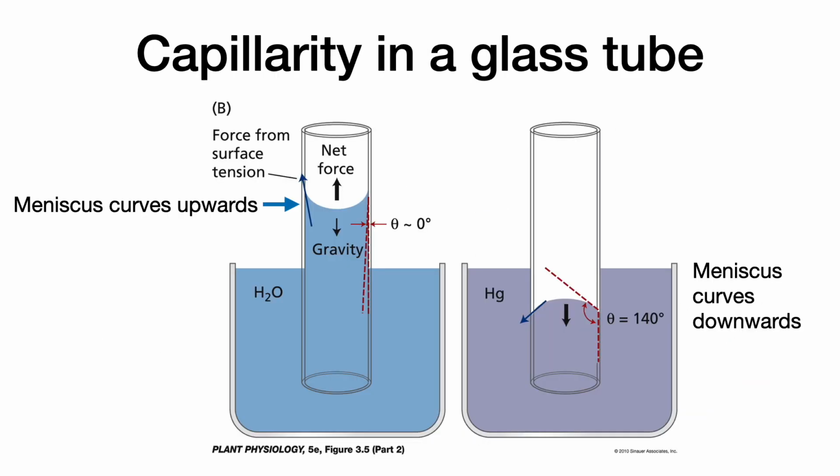And that waxy surface is a hydrophobic surface or substrate, resulting in the beading up of water molecules on the surface of the plant. Cohesion and adhesion and the surface tension that forms from those create a phenomenon known as capillarity. When we look at this tube here, we can see that a meniscus forms in that tube.